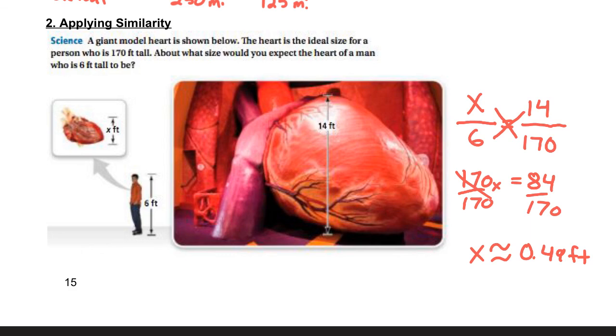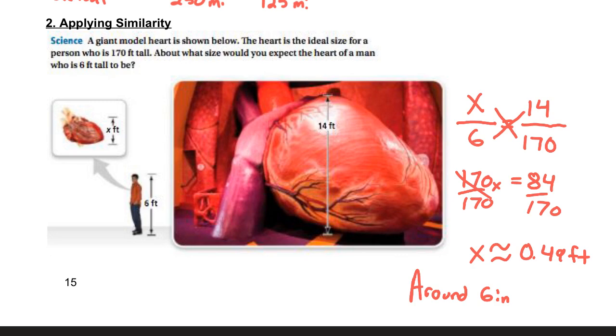Okay, so 0.49 feet. That's pretty close to 6 inches, but almost half a foot, so around 6 inches. So if you're 6 feet tall, your heart is about 6 inches tall, from bottom to top. So proportional reasoning.